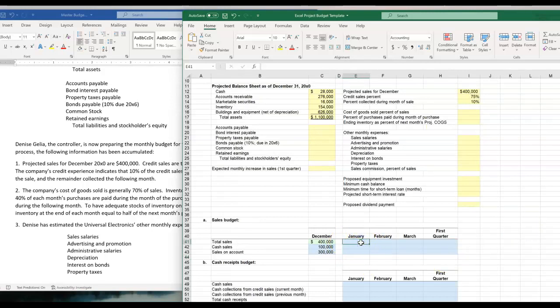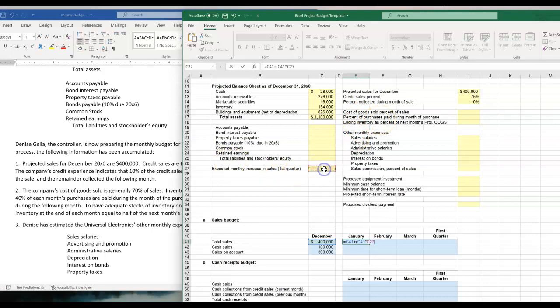Now I'm just going to do January and then leave you on your own. I might show you one other thing first, okay? So January is going to be equal to December plus, this is one way to do it, December times the percentage of increase. I should have had this right here.